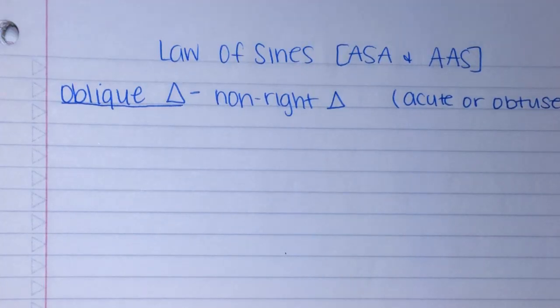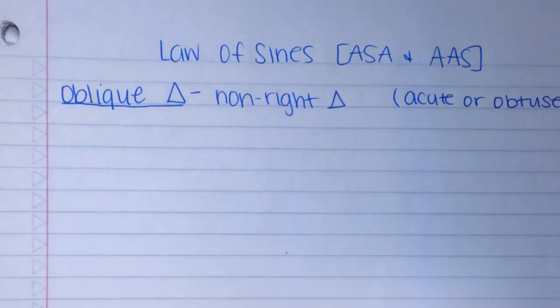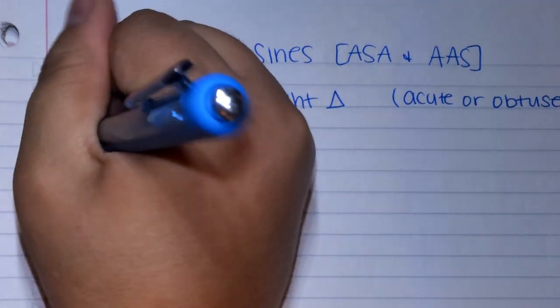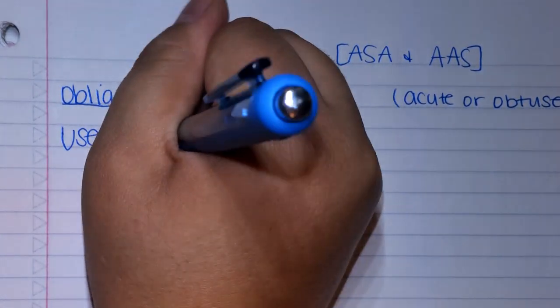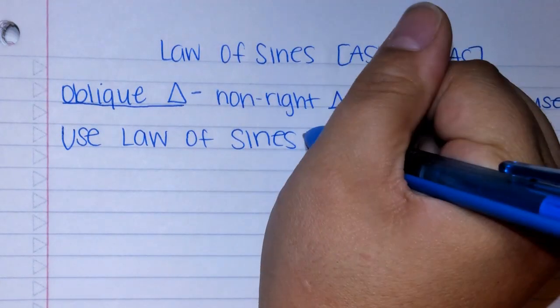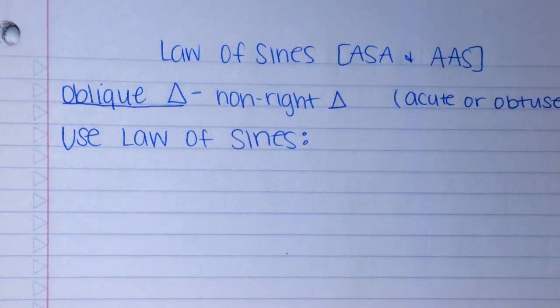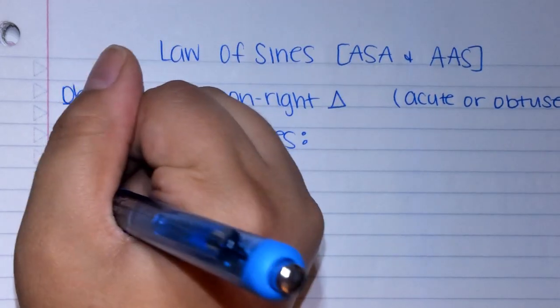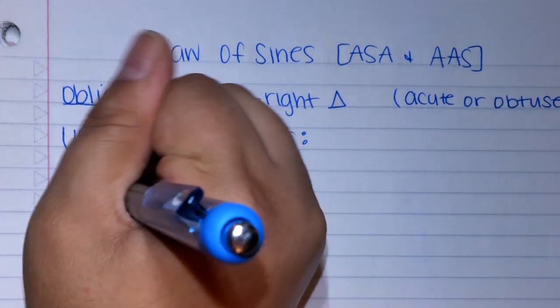If it's not right, you are either going to use law of sines or law of cosines. So, my law of sines, not sins, sines, you're going to use law of sines when you have a triangle that is AAS.